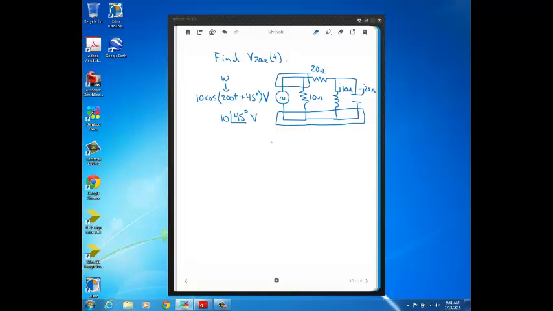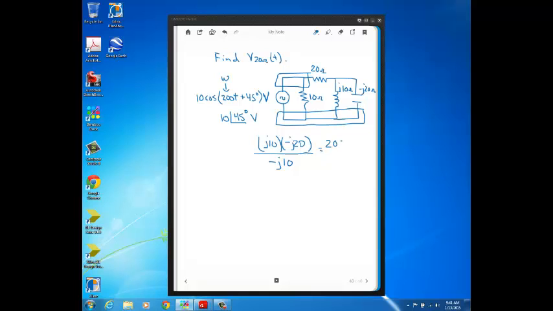So you see what I did is I did product over sum with J10 and minus J20. When you add those up, you get minus J10 on the bottom. Right, so you're going to get 200 times minus J squared, which is positive.